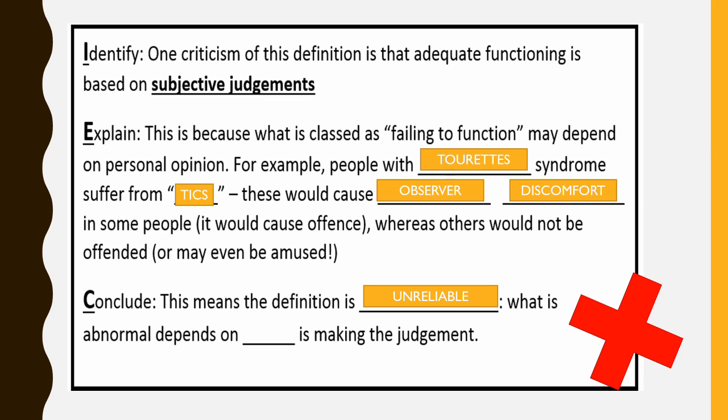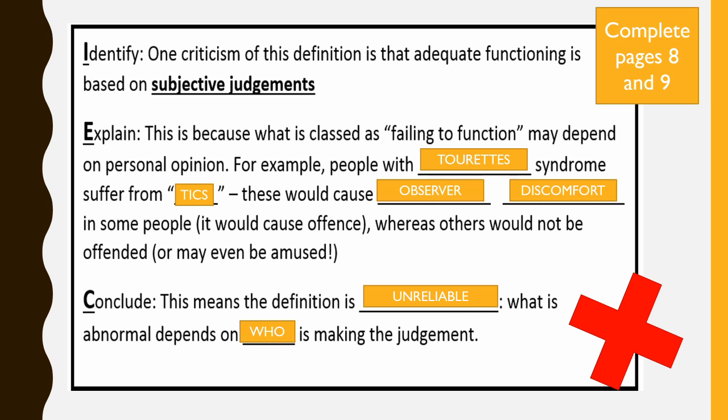So this means the definition is unreliable. If you think what reliability means, it's about repetition, it's about people saying the same thing. If it's open to subjective judgments, then it's totally unreliable. What one person says is going to be different to what the next person says. So what is abnormal depends on who is making the judgment.